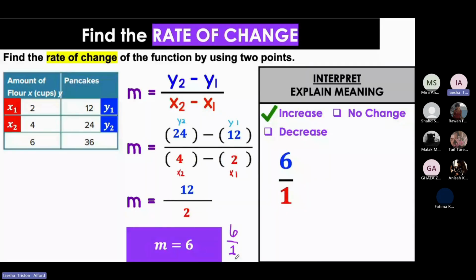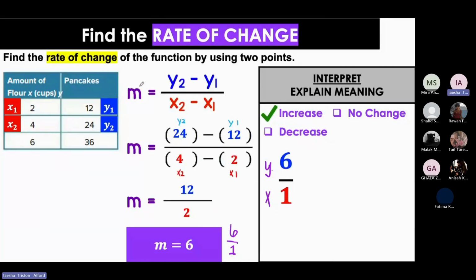Now we have to write what words. So remember, the word for the top is going to be about the y, and the word for the bottom is going to be about the x. To know the word, you have to see the table or you have to see the graph.